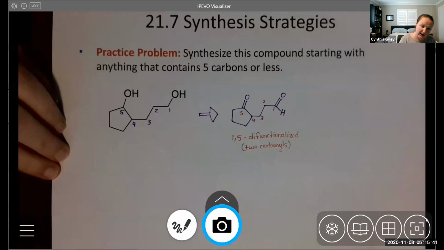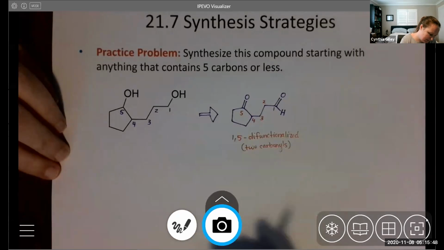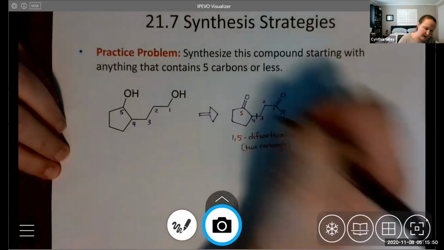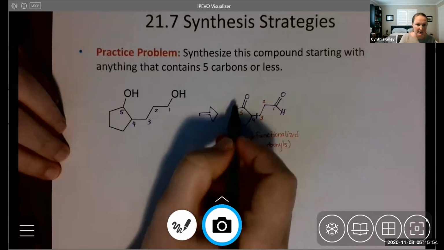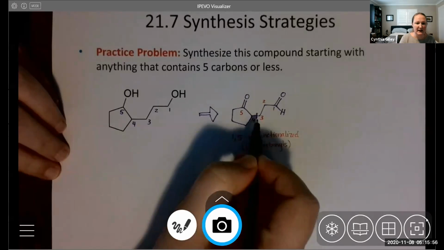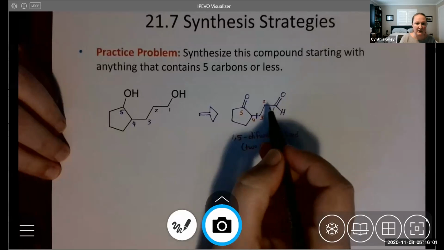And I'm going to make either the bond between 2 and 3 or 3 and 4, depending on how I counted it. So to me, it makes sense to just make the bond between 3 and 4. That leaves this as the enolate, and then we can utilize this as the Michael acceptor, right?